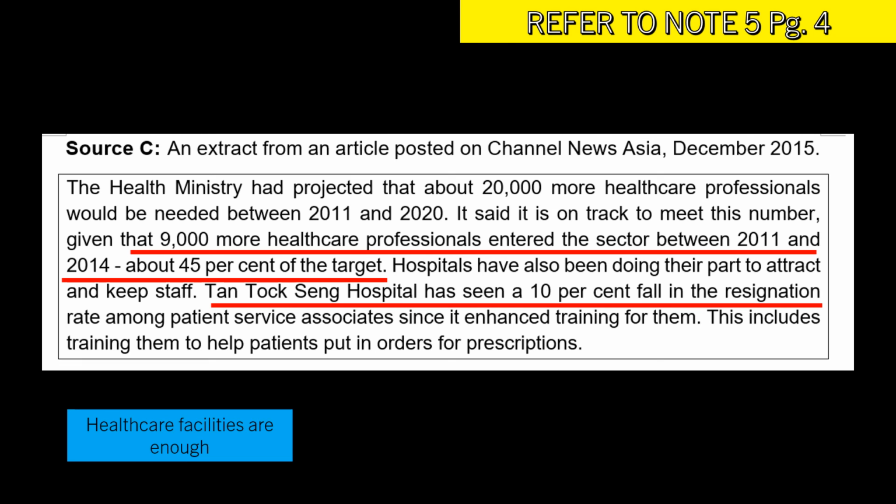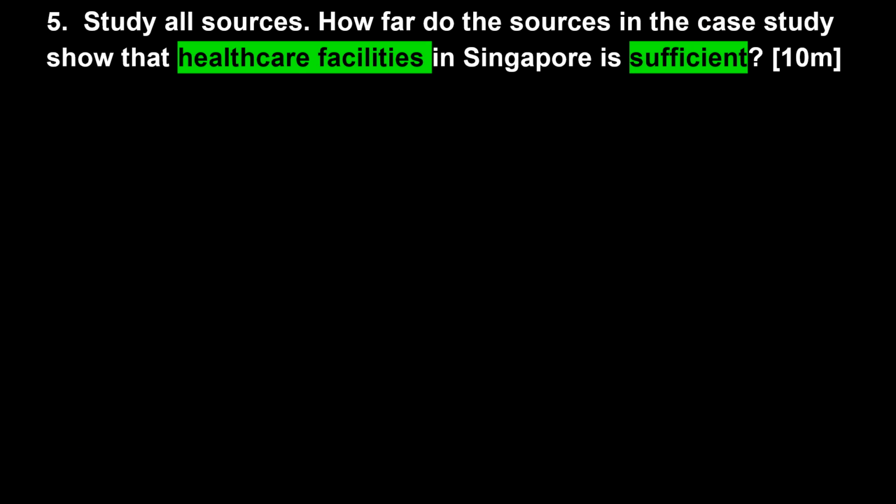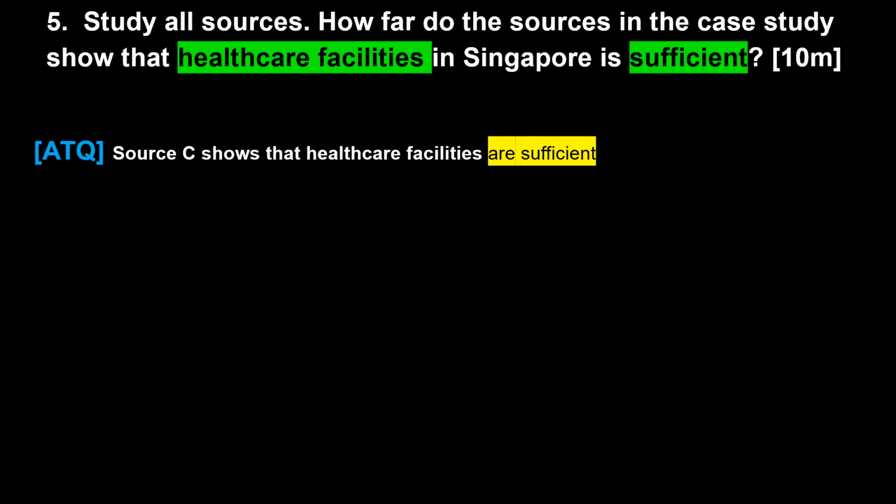Agree? So how do we then answer this question? You can see that source A and source B disagree, but source C agrees with the statement. And what's the statement I'm talking about? This is the statement: whether the healthcare facilities in Singapore are sufficient. Just answering the question, source C shows that the healthcare facilities are sufficient.